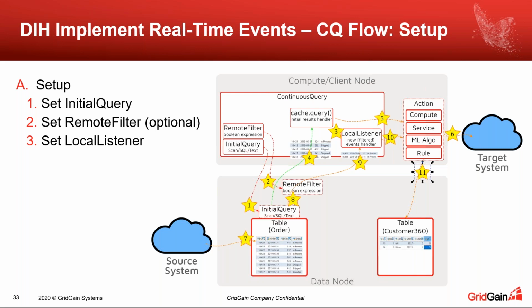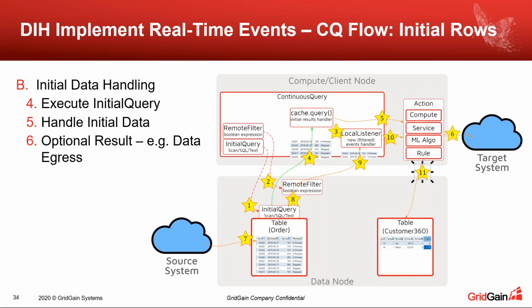So then you define your local listener, step number 3, and this specified logic will be invoked on any of the new data that is new and passes the filter and is delivered to the local listener. There are options available here, as we talked about, in terms of calling compute, service, ML, rule, or any other Java function. So that's the first 3 setup steps.